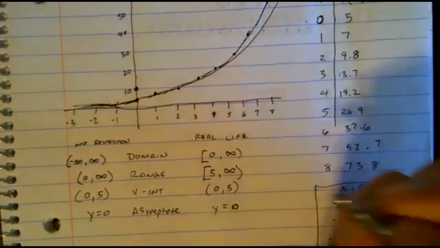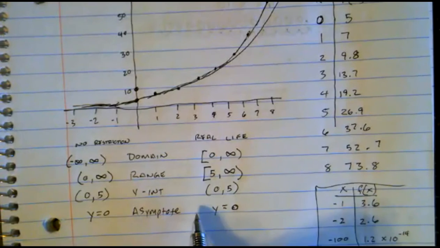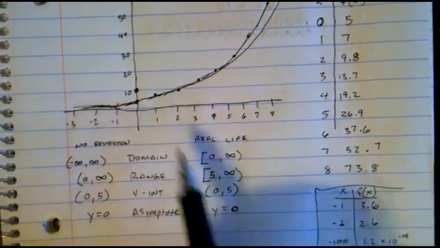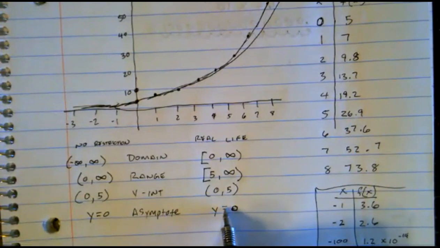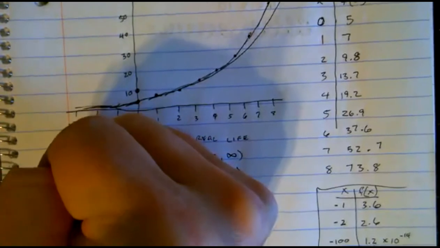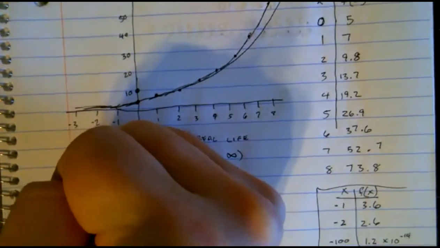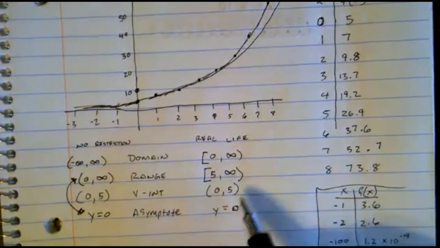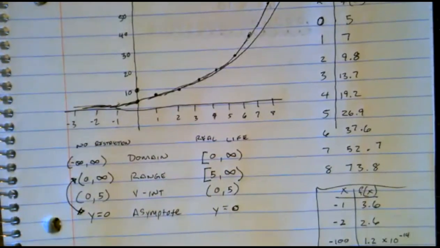Now, you might say, well, since we can actually touch 5, our asymptote can't be at y equals 5. And so these two are linked here in a non-restricted environment, where these two really just depend on the scenario.